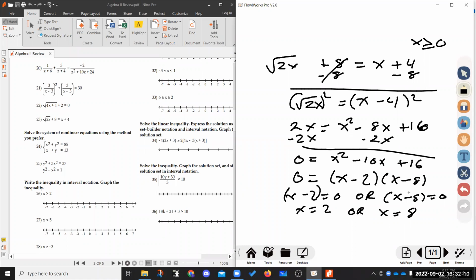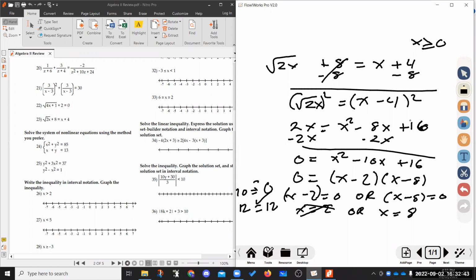Let's quickly just check them out. 2 times 2 is 4. Square root of 4 is 2. 2 plus 8 is 10. Is that the same as 2 plus 4, which is 6? No, that's not true. 2 times 8 is 16. Root 16 is 4. 4 plus 8 is 12. 8 plus 4 is 12.